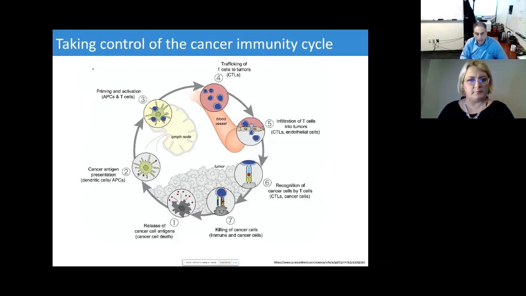But before I do that, many people in the community strive towards the objective of taking control of this cancer immunity cycle. What does that mean? It's the ability to start by creating a mechanism whereby cancer cells release the antigen.